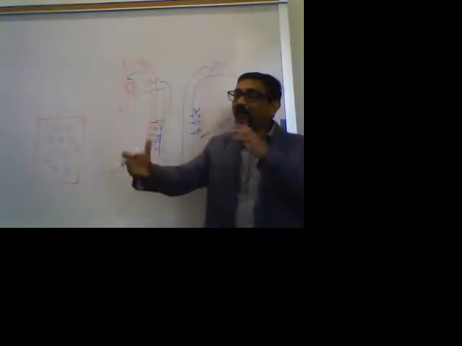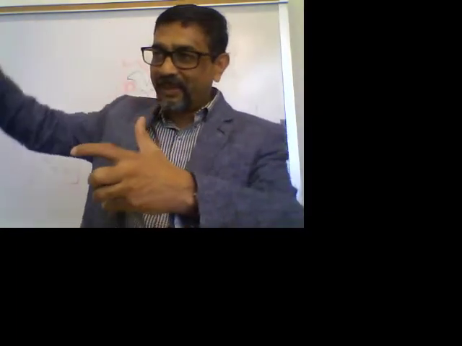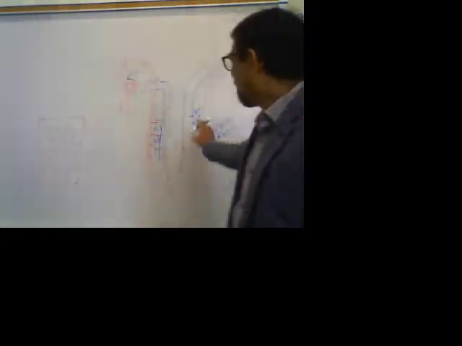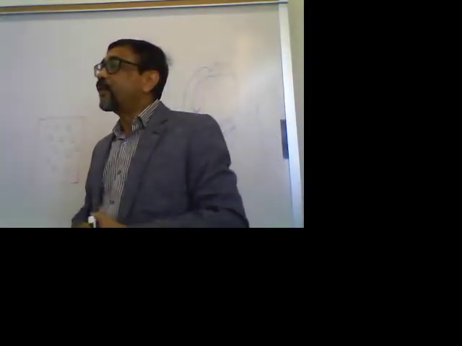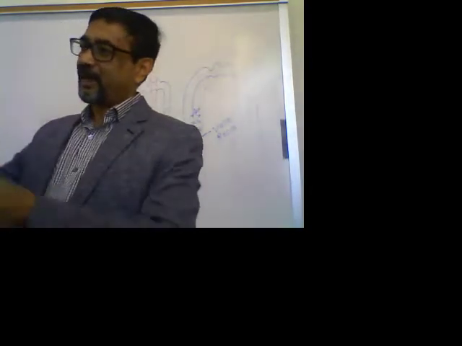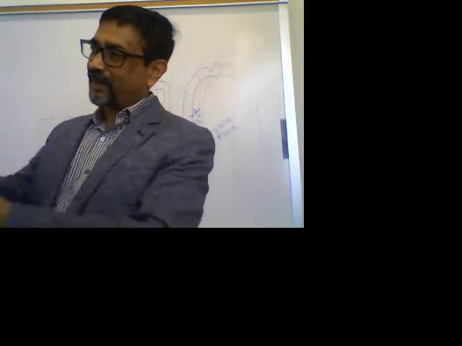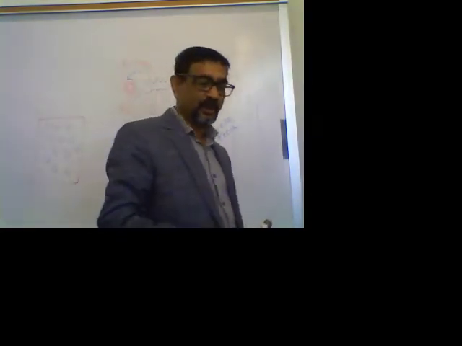So you see, also volume is going in the opposite direction, right? Volume is going down in the loop of Henle, but increasing in the Vasa Recta. Same thing here. Okay. So that's why it is called counter current mechanism in the loop of Henle and the Vasa Recta. The change is in opposite direction, counter.